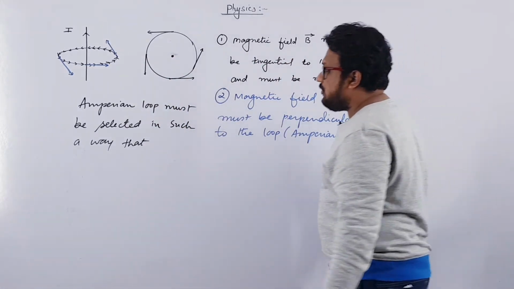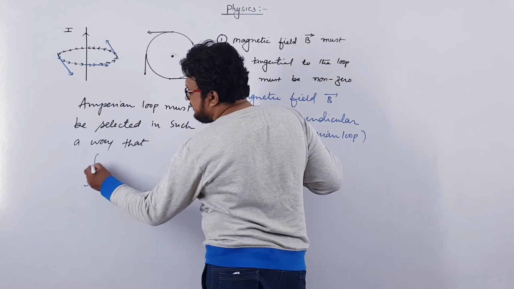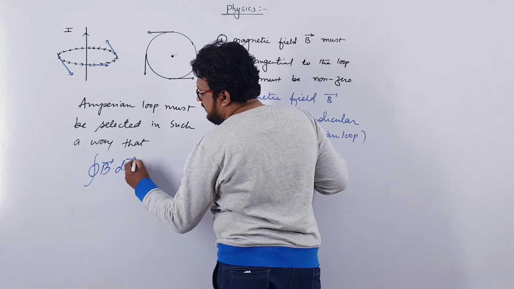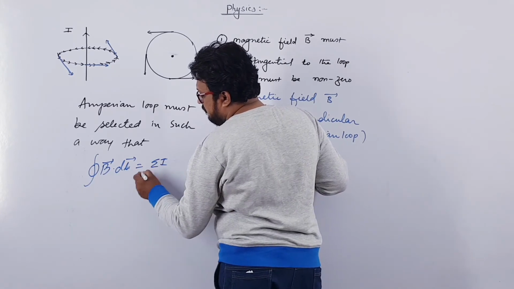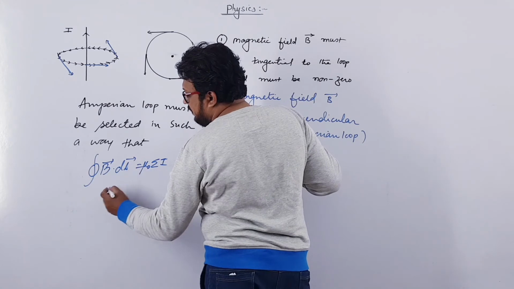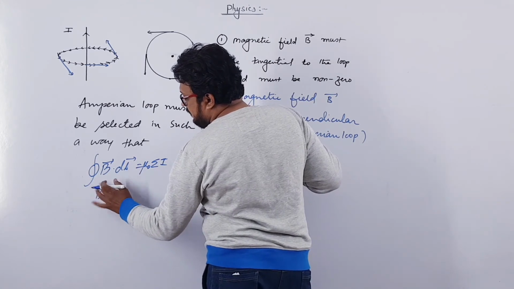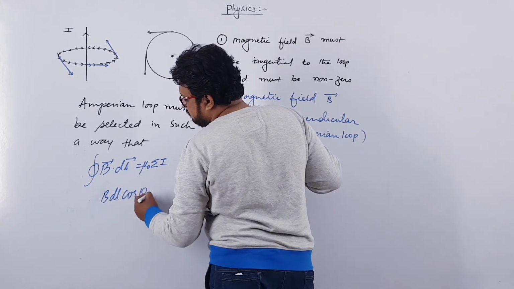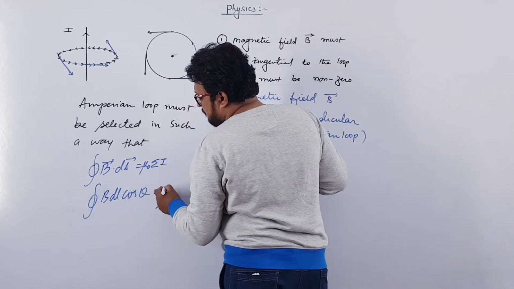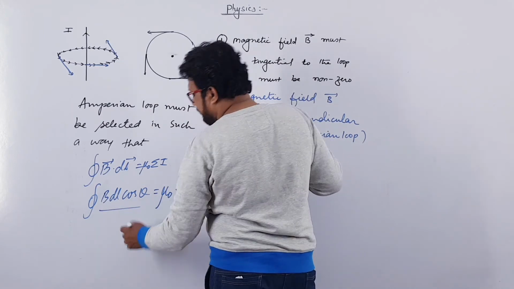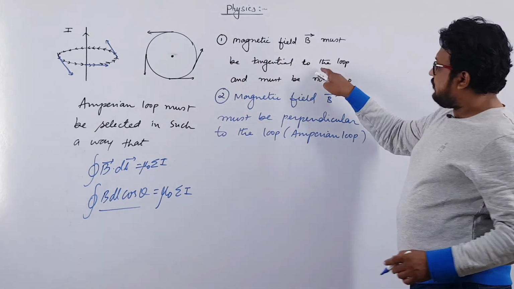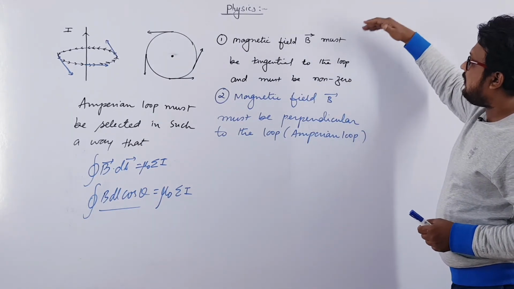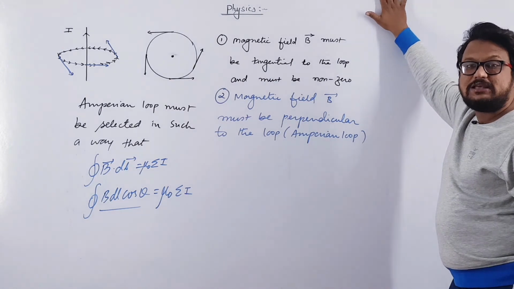Actually our formula for Ampere circuital law is the integration over a closed path of B dot dl is mu naught sigma I. So B dot dl is actually B dl cos theta, and it is equal to mu naught sigma I. So in this case, if the first is the case, the magnetic field and the Amperian loop both will be in the same direction, right?